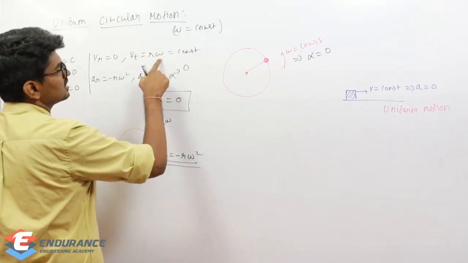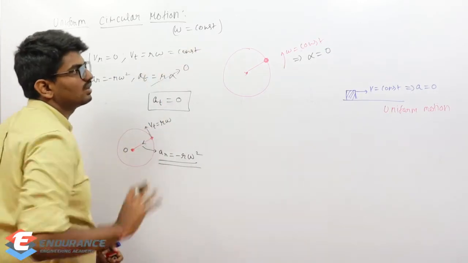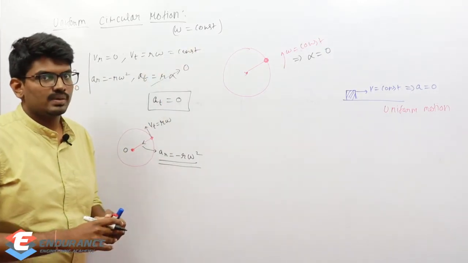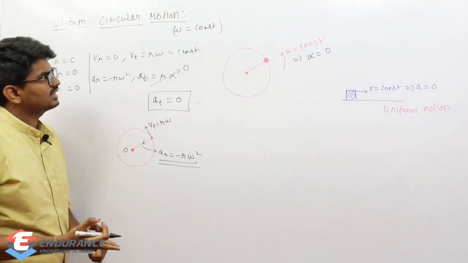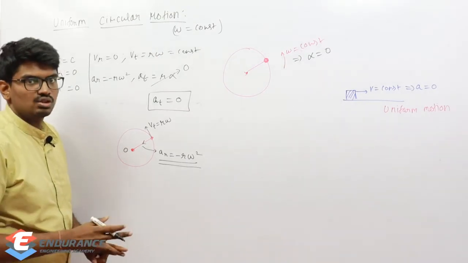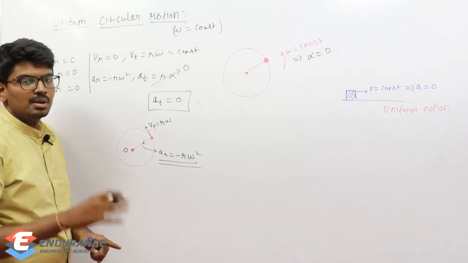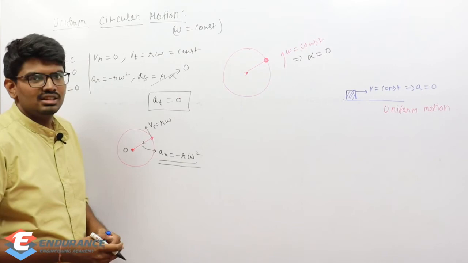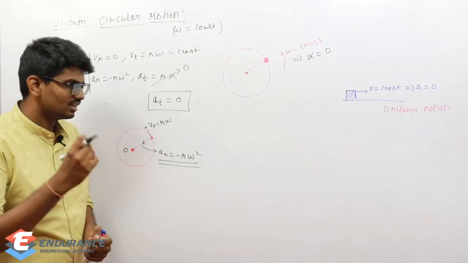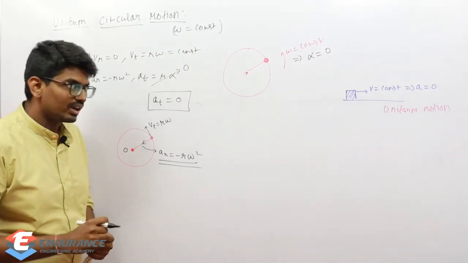R is constant, omega is constant, so r into omega will be constant. Tangential velocity is constant, angular velocity omega is constant, Vr is 0, but still how does this radial acceleration term exist?